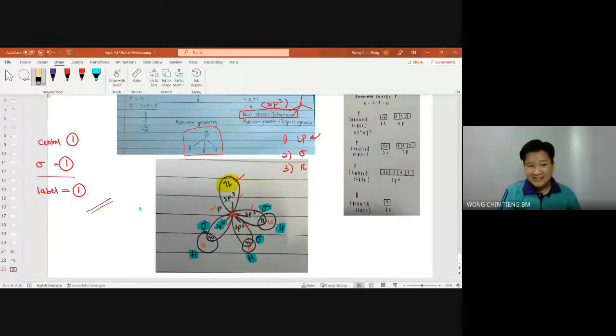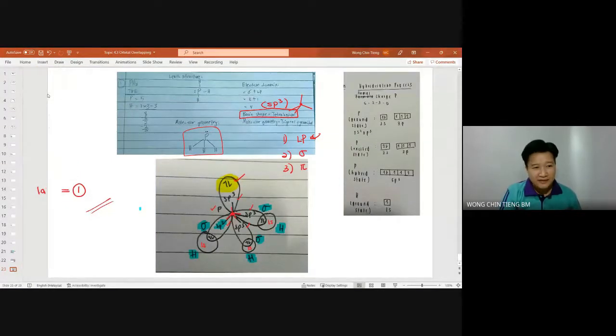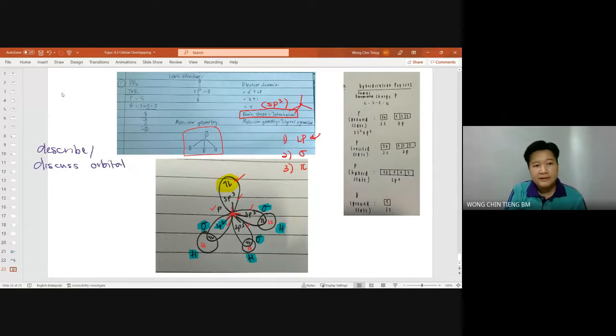Okay, like I said, I have only 4 more minutes to go before I need to go into my meeting. So, tak ada masa untuk buat structure satu lagi. Tapi ada masa untuk describe this one. When the question say describe, or when the question say discuss, the orbital overlapping. Okay.